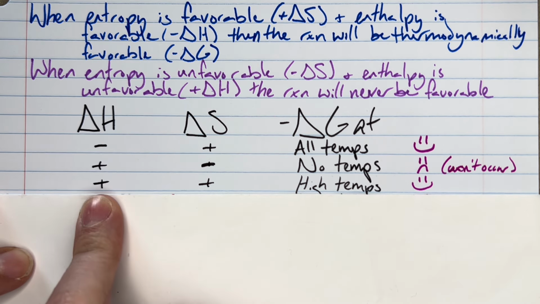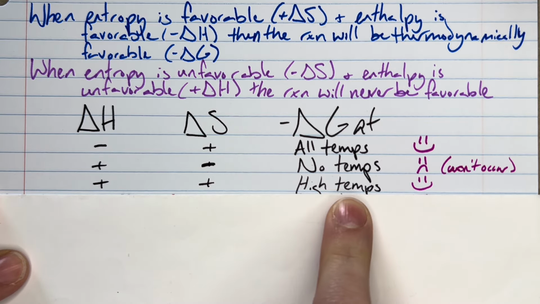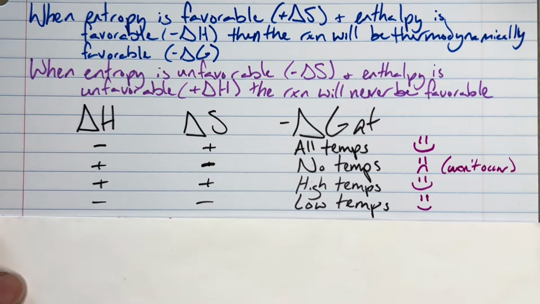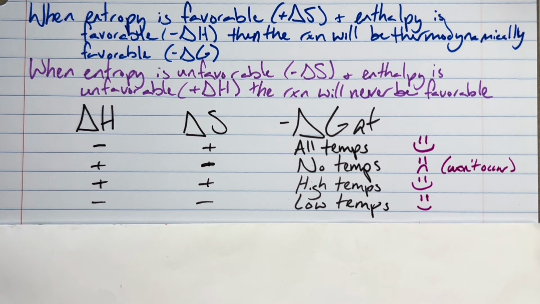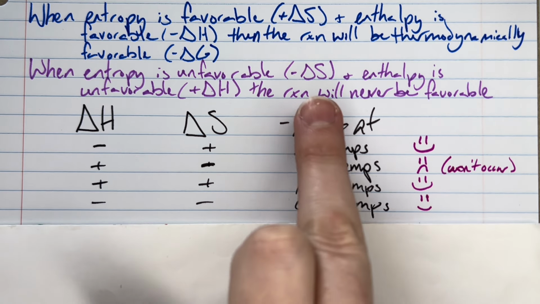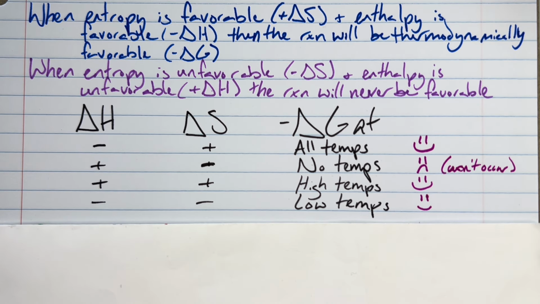If my delta H value is positive and my delta S value is also positive, this will only be favorable at extremely high temperatures. And then finally, if my enthalpy value is negative and my entropy value is also negative, this will only be favorable at low temperatures. Because again, I'm dealing with trying to have the relative magnitudes for delta H and delta S be such that I have a negative delta G value.